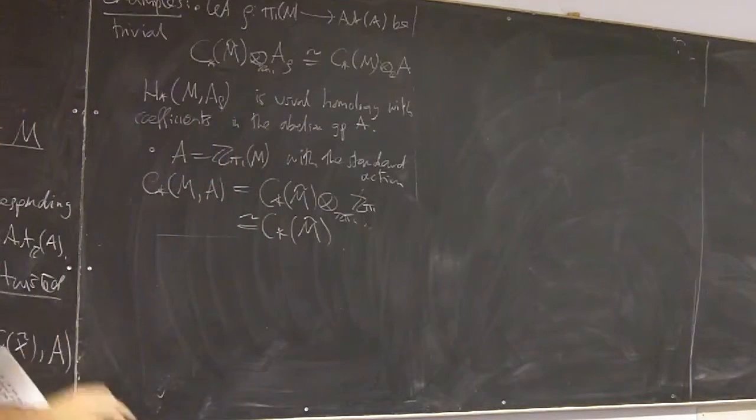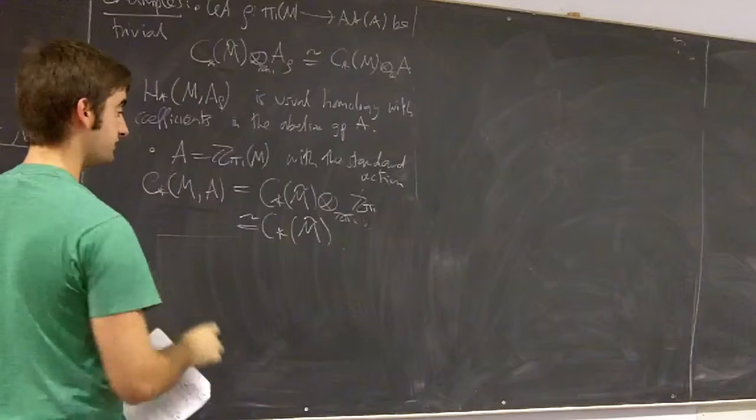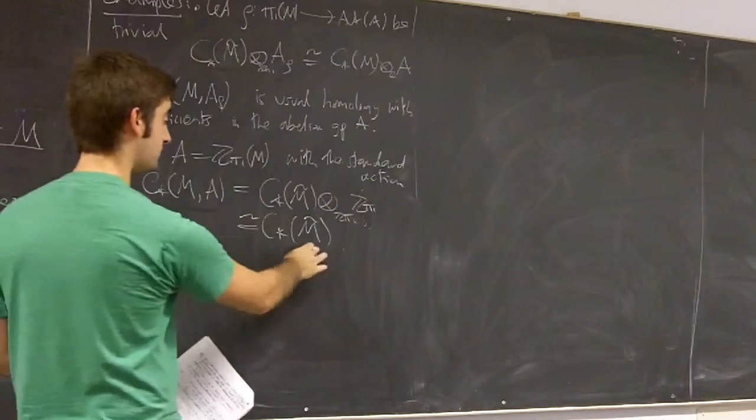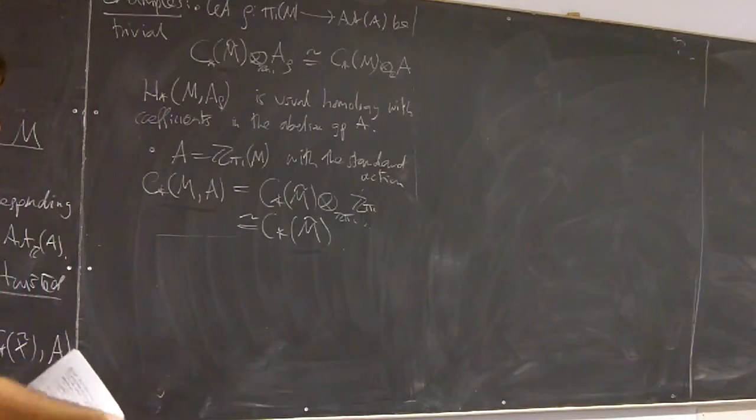So if we take the homology of this chain complex, this gives us normal untwisted homology but of the universal cover.